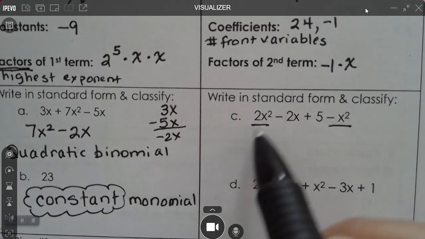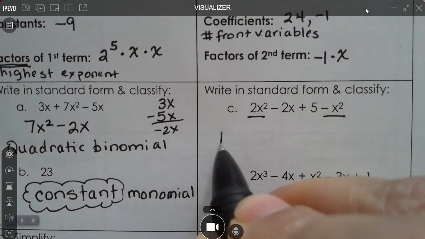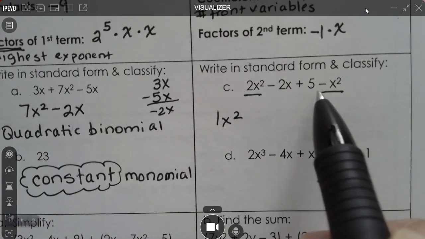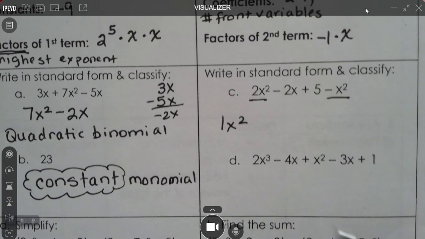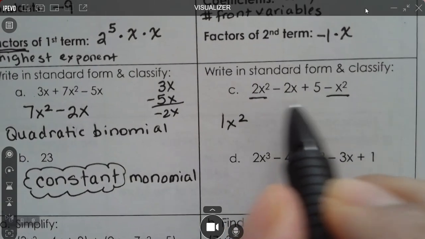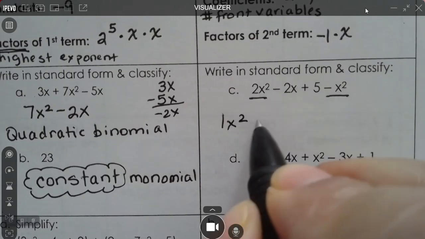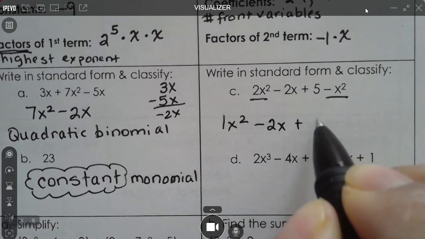So what is 2x squared minus x squared? 1x squared. Okay. Now, the two remaining ones, which one has the higher exponent? Focus. Out of these two, which one has the higher exponent? Right, the negative 2x. And then lastly, we'll write the constant.